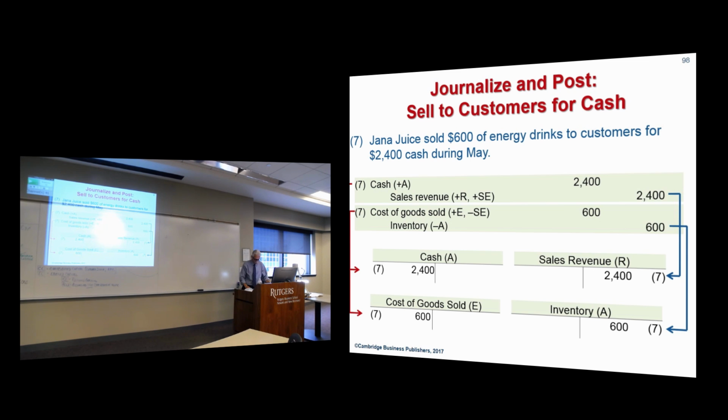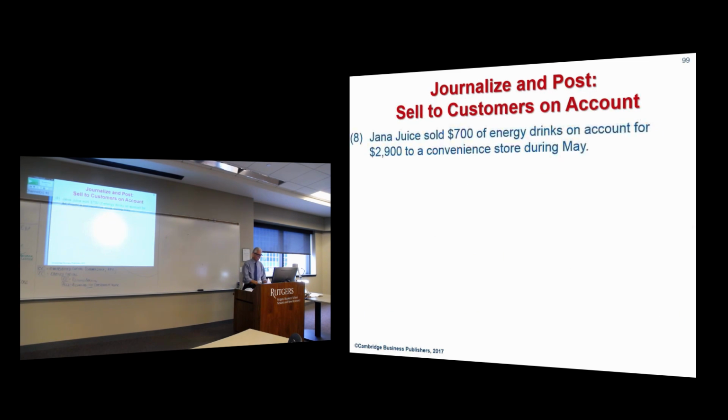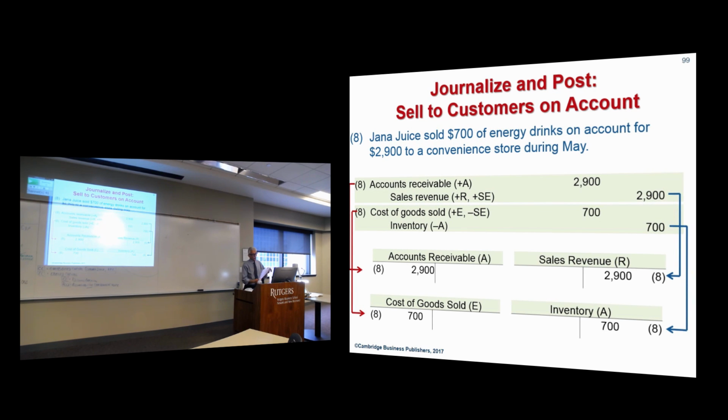All right, so now let's go through a few more of these. There's a second sale for $2,900. It's the same transaction. This time it's going to be a debit not to cash, but to accounts receivable. Comparing transaction 7 to transaction 8, it's exactly the same effect, except that you have to think of revenues as either an inflow of assets or a reduction of liabilities.